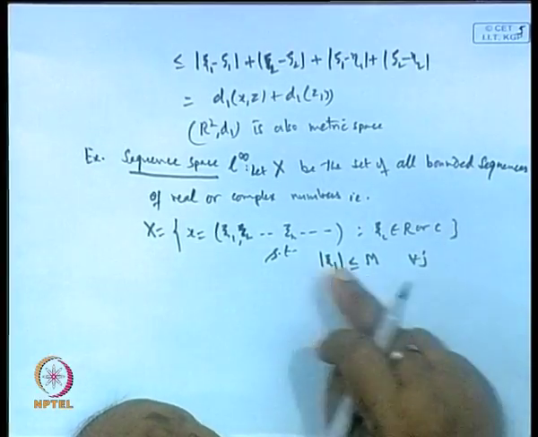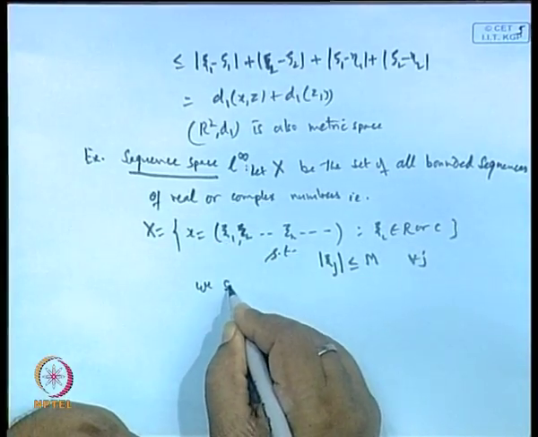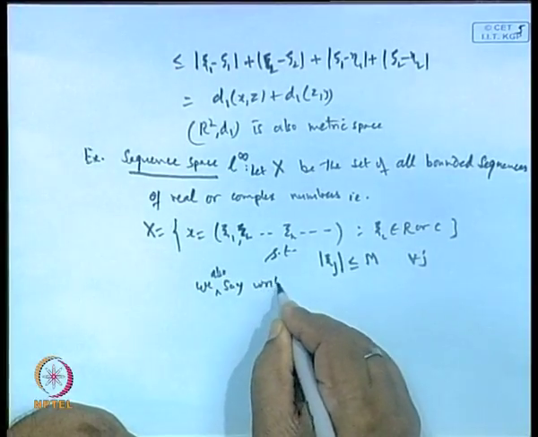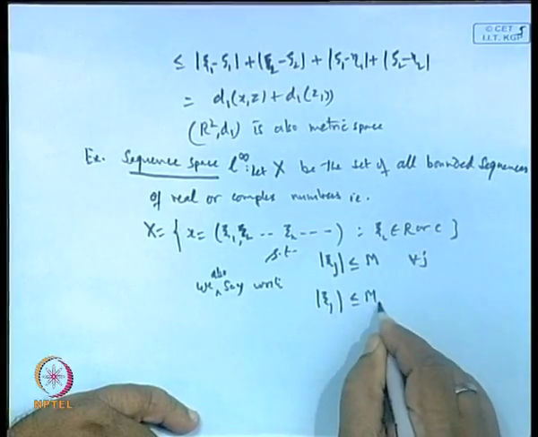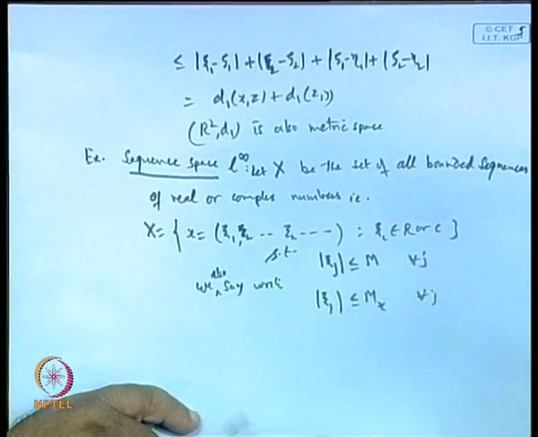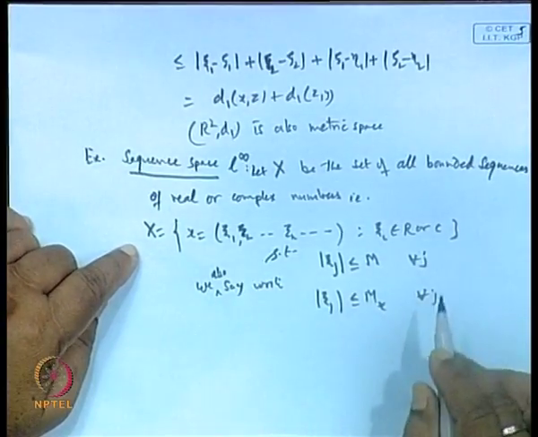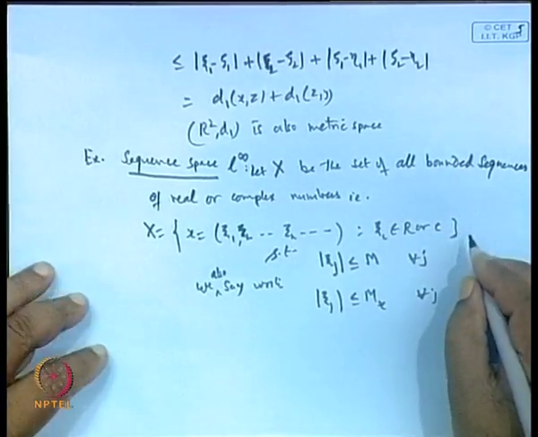Since this bound will depend on x, we also write this as mod of xi_j is less than or equal to m_x for every j. So, X is the collection of all those infinite sequences which are bounded. This collection we denote by L infinity.